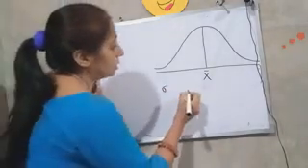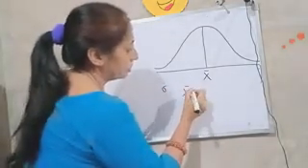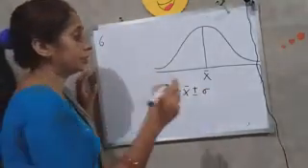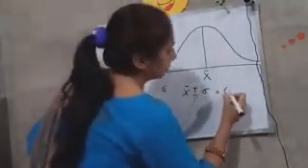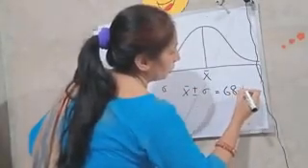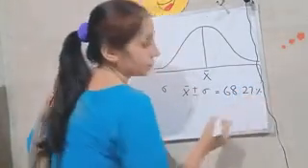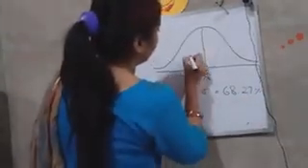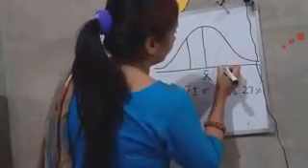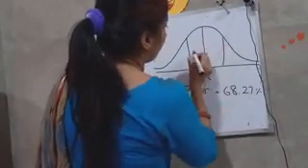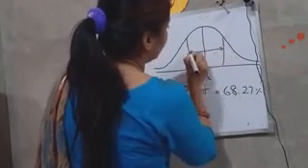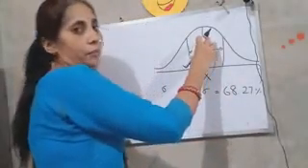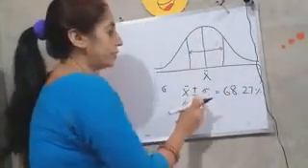This property says that if you calculate x bar plus minus 1 times standard deviation, then 68.27% of items or the frequencies will be lying in between. So 1 time plus minus will give you 68.27% area that will be covered by this.